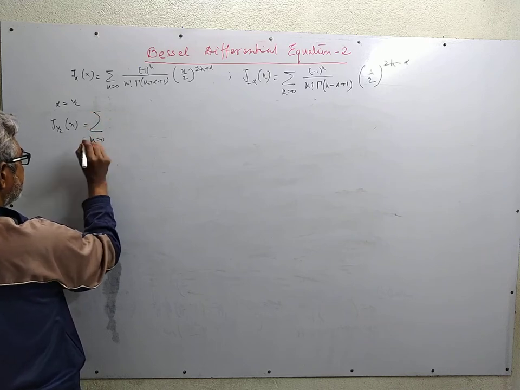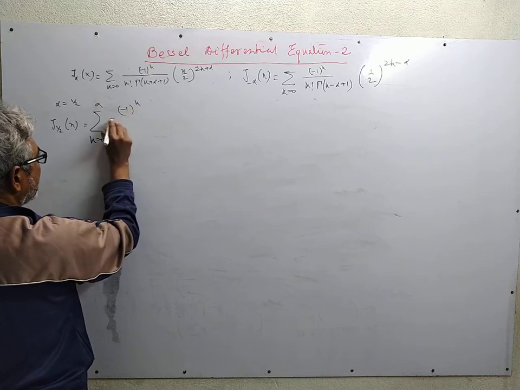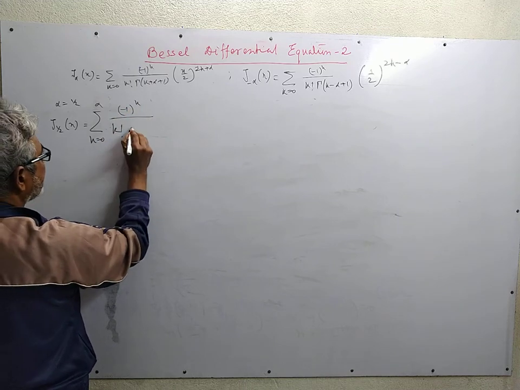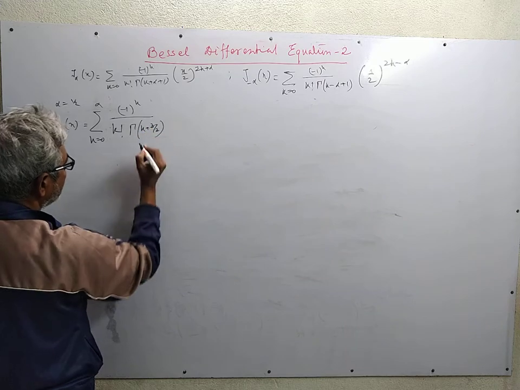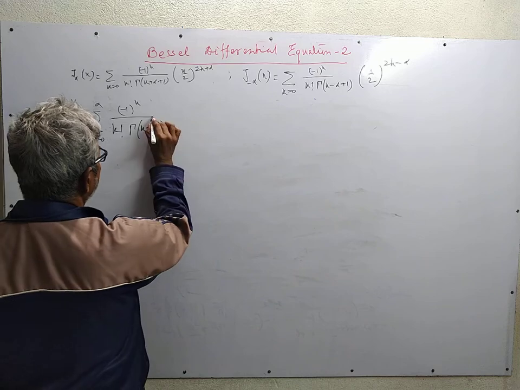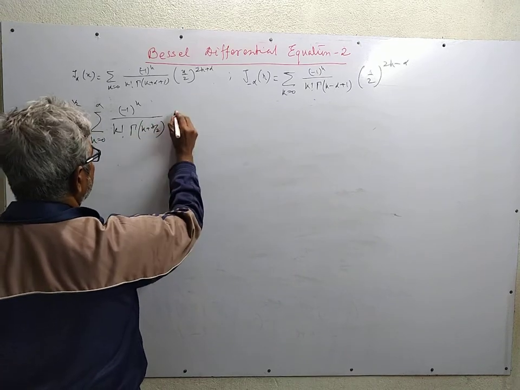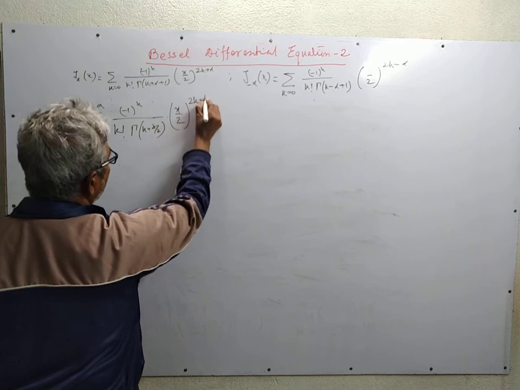K is equal to 0 to infinity minus 1 to the power k. Here we have k factorial gamma of k plus 3 by 2, because the alpha is half, and we have x by 2 to the power 2k plus half.